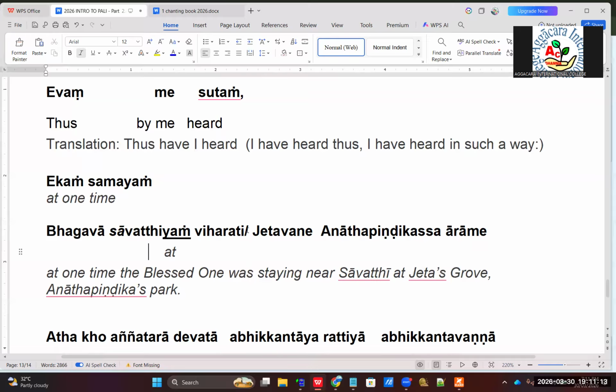Now you can see this present tense here, viharati. Remember the ending ti, anti, si, tha, mi, ma. This is a present tense, third person singular.